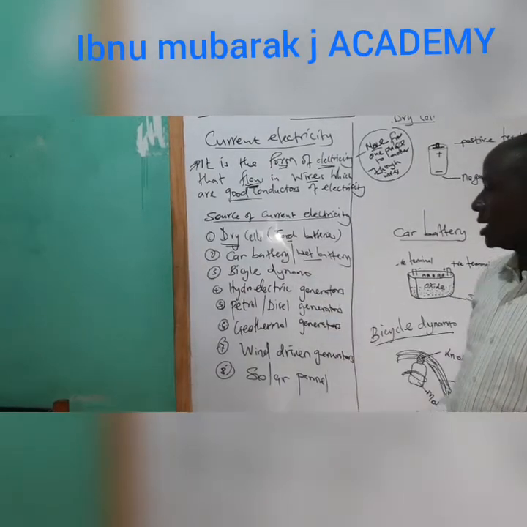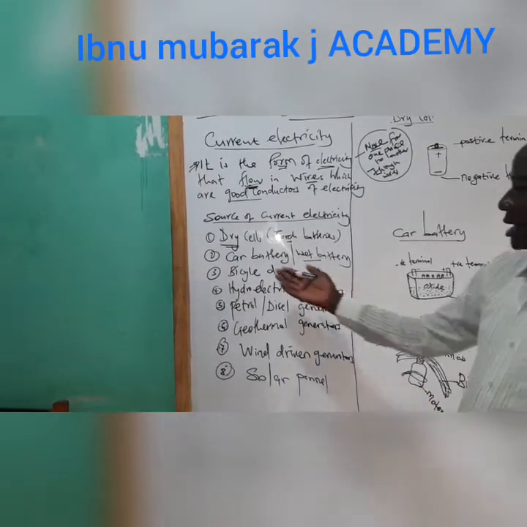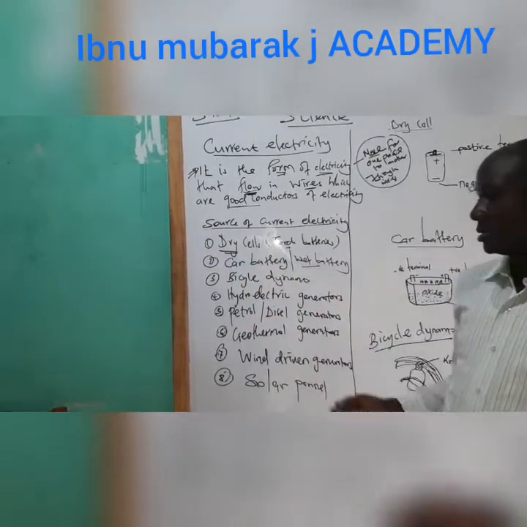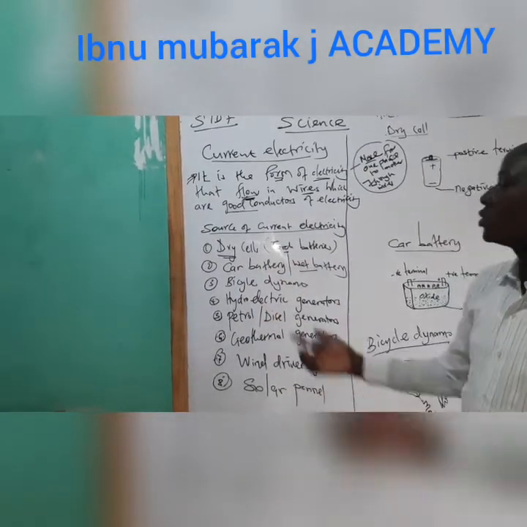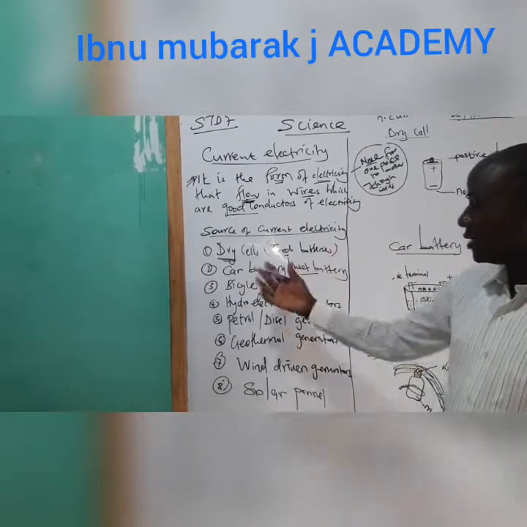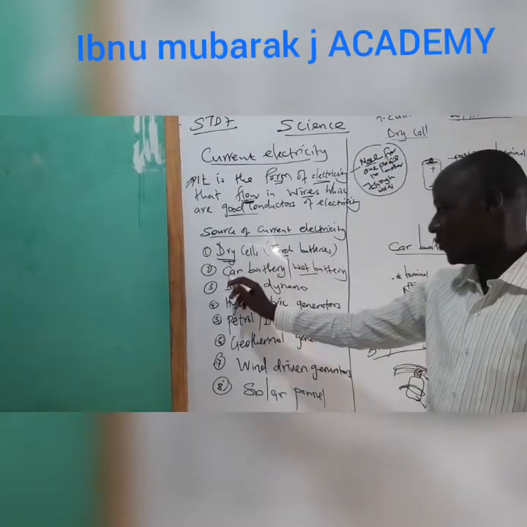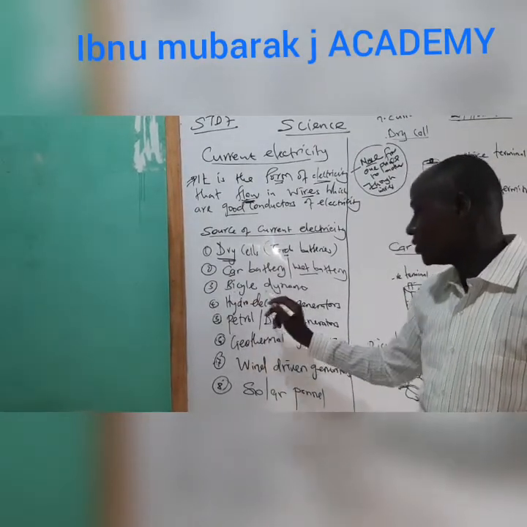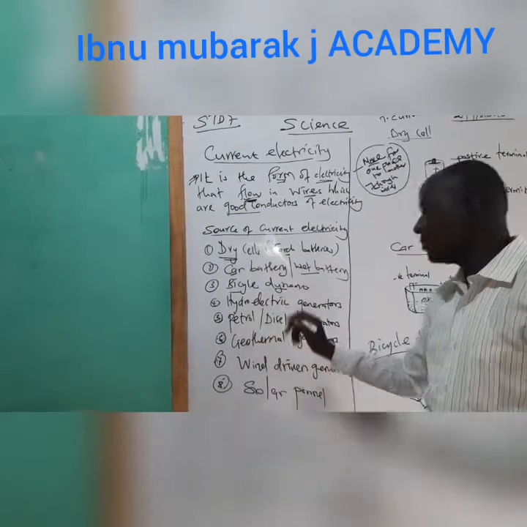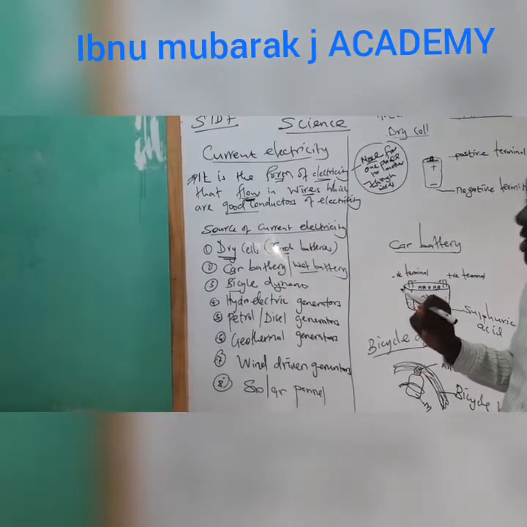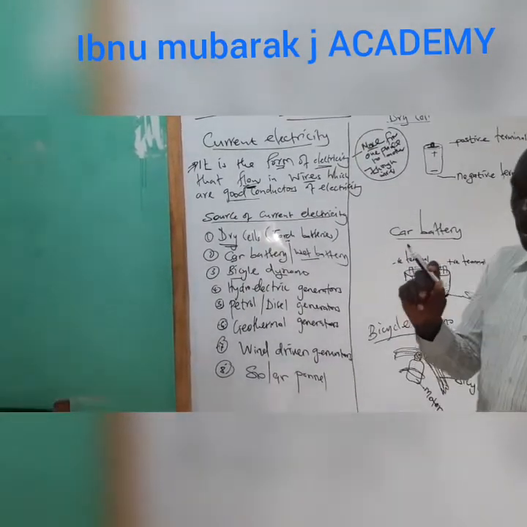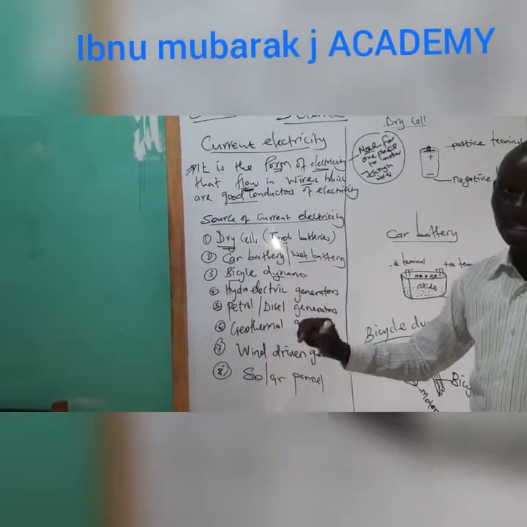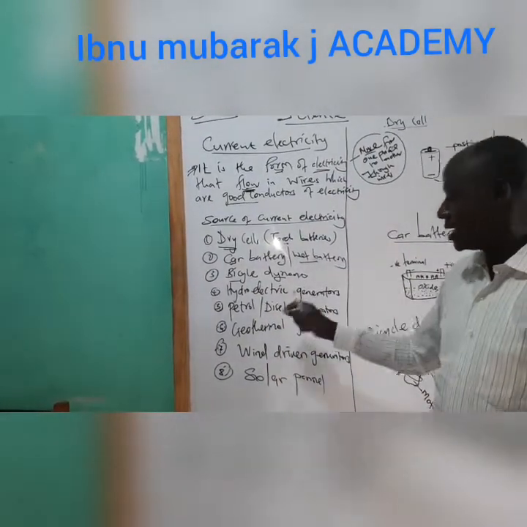We call it a wet battery, the one that is used in vehicles, car, tuk-tuk, the heavy commercial vehicle, taxi. We have the dynamo, the bicycle dynamo, which is used in a bicycle. We shall see it in the diagram. Bicycle dynamo is another source of current electricity.